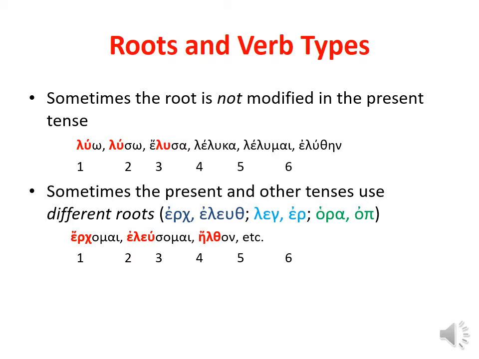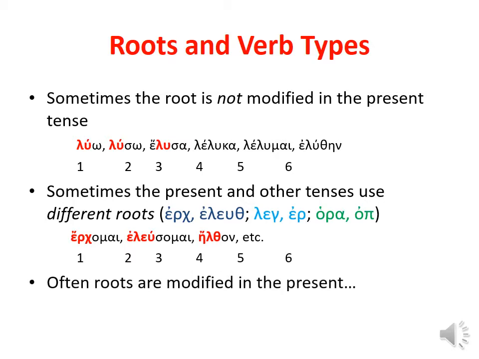And the reason for that is because these were actually different verbs originally, which have teamed up, so to speak, to fill in the gaps in their principal parts. In many cases, though, the root behind a concept and behind a verb will be modified, but will be modified only in the present tense. So it will be the present tense stem that actually looks irregular compared to the other principal parts.